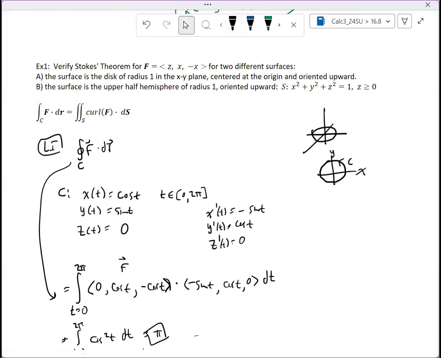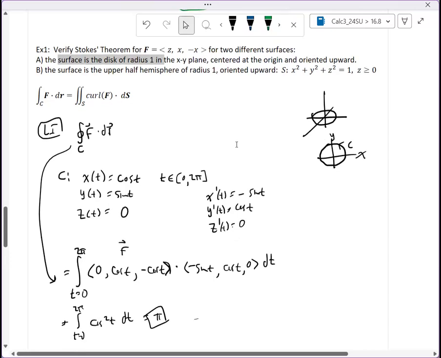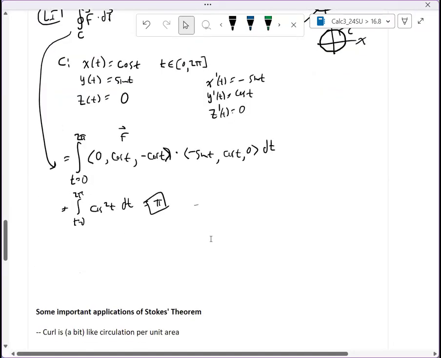What about my surface integral for the surface A, for the disk of radius 1 in the xy plane? Just kind of the simplest surface that we can get that has this as its boundary curve.